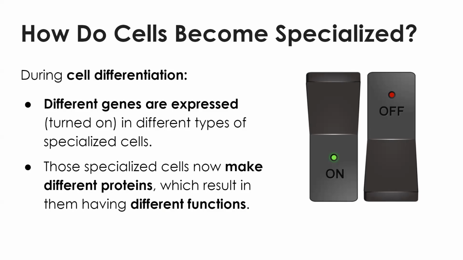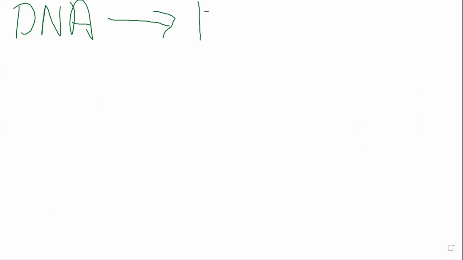Let me try to explain genes and DNA and proteins to you in a different way. I am going to share the whiteboard with you. This is the way I like to understand genes and DNA and proteins. Your DNA codes for all the proteins that make everything you are.